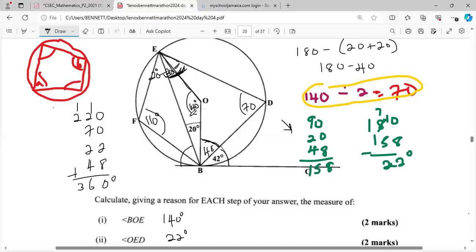This is 20, this is 20, this is 48, and this is 70. Add all of them and see how much you get, and then subtract it from 180 because it's a triangle. All triangles add up to 180 degrees. So just do it for yourself so it sticks in your brain. Tell me when you guys finish. I'm going to pause the video and then we'll go down.